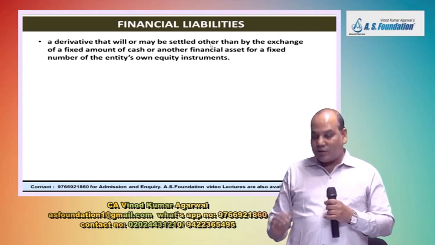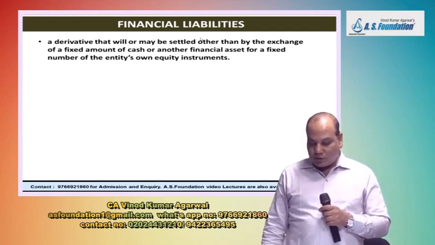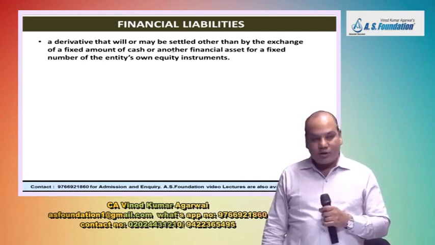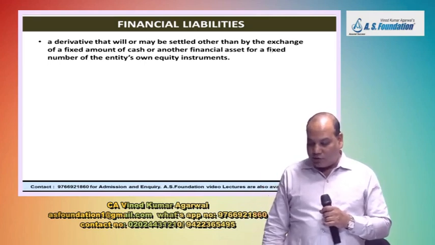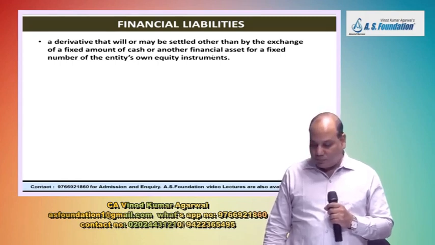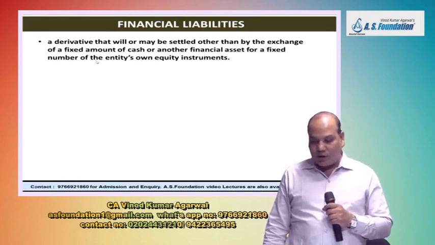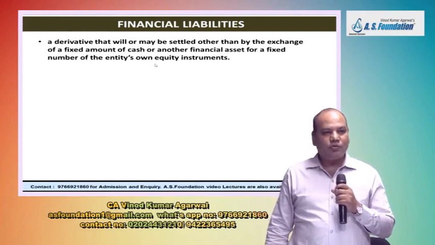Next is the last line of this definition. A derivative that will or may be settled other than by exchange of a fixed amount of cash or another financial asset for a fixed number of the entity's own equity instruments. The previous one was non-derivative.